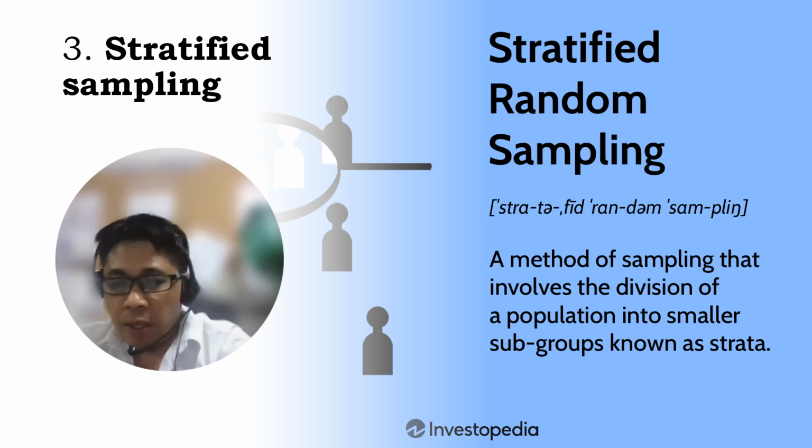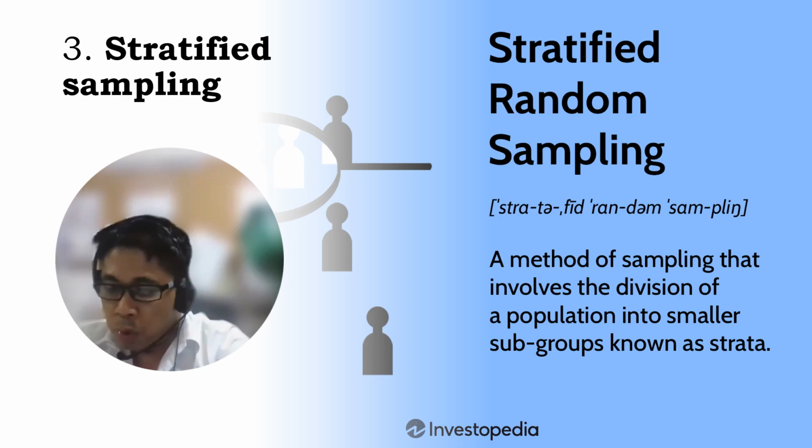So based on the overall proportion of the population, you calculate how many people should be sampled from each group. Then you use random or systematic sampling to select a sample from each subgroup. So, for instance, the company has 800 female employees and 200 male employees.